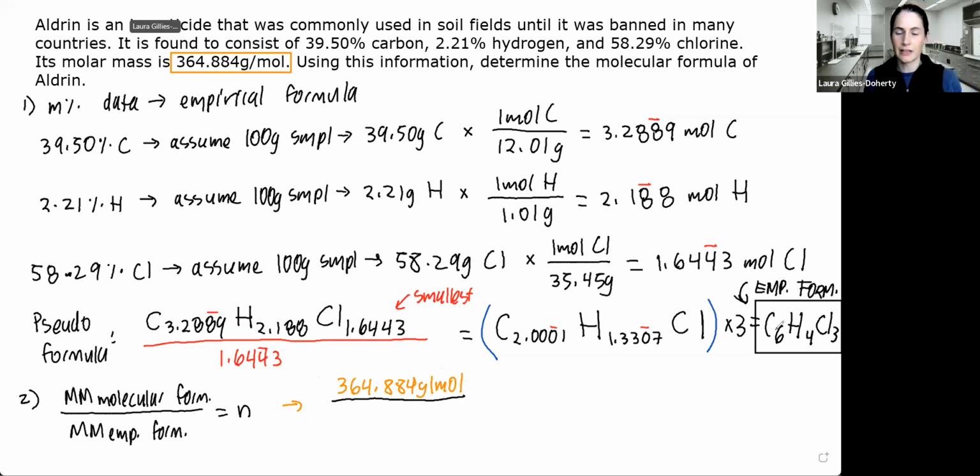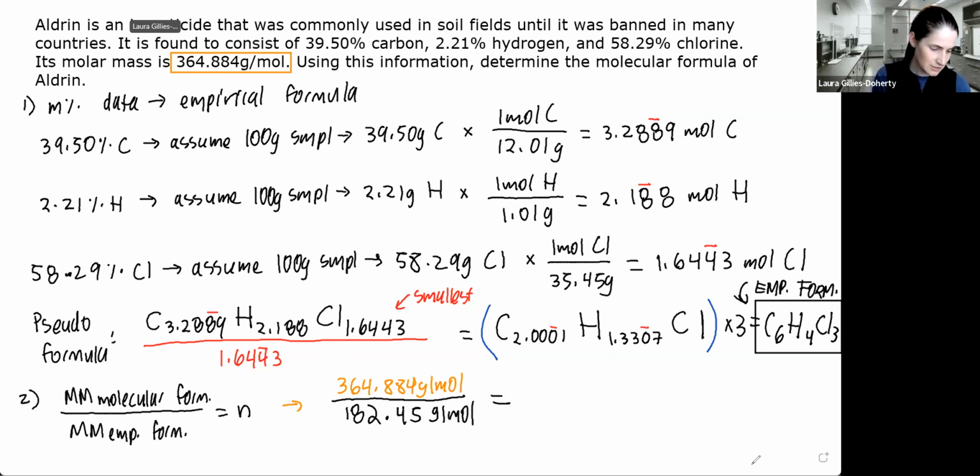And for my empirical formula, I'm going to add up the mass of 6 carbons plus 4 hydrogens plus 3 chlorines. So 12.01 times 6 plus 1.01 times 4 plus 35.45 times 3 gives me an empirical formula mass of 182.45 grams per mole.